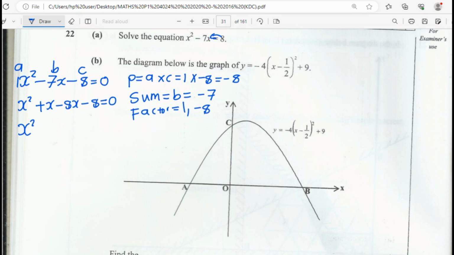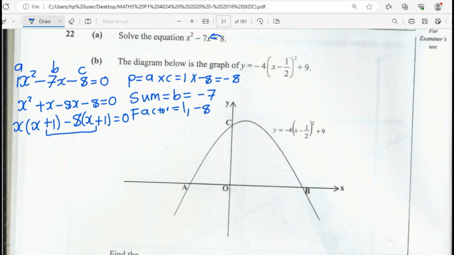Let's now factorize the usual way. The common factor here is x. x into x squared is x, plus 1. Then here the common factor is -8. -8 into -8x is x, and -8 into -8 is 1, equal to 0.